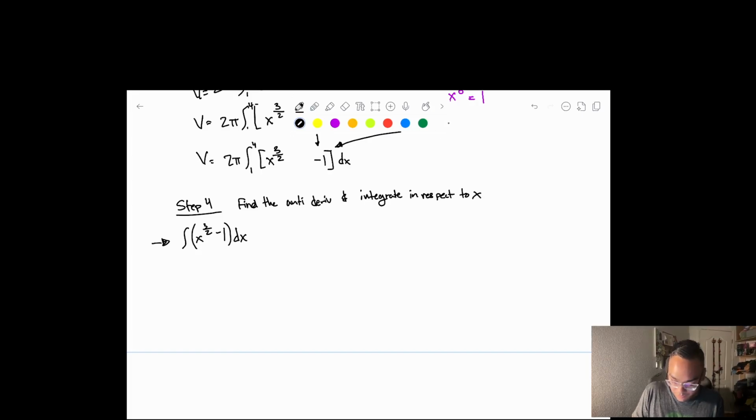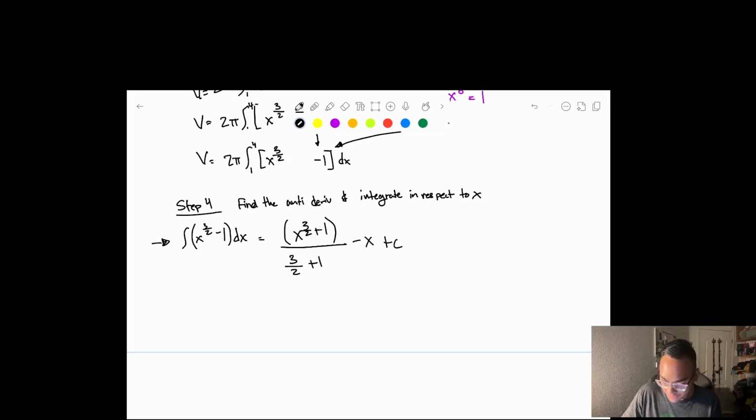Once we apply the antiderivative formula, the variable becomes x to the 3 over 2 plus 1 on top, and 3 over 2 plus 1 on the bottom, minus x plus C. So how did I derive this?